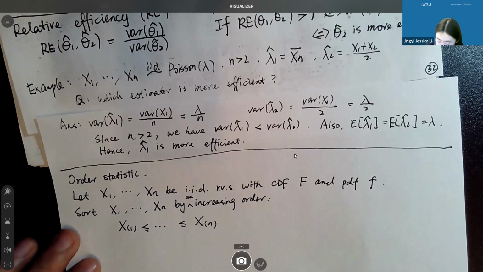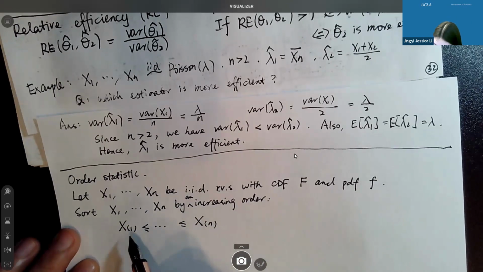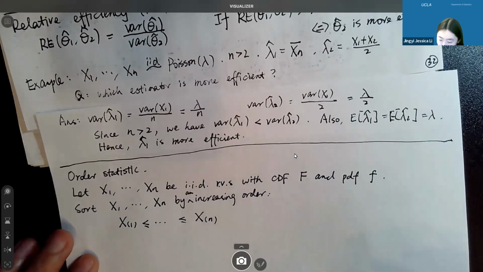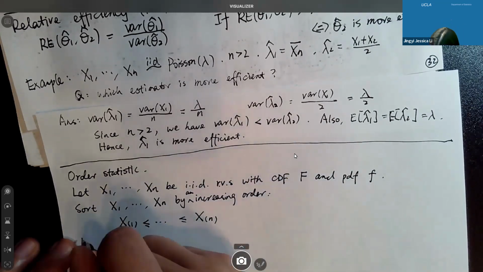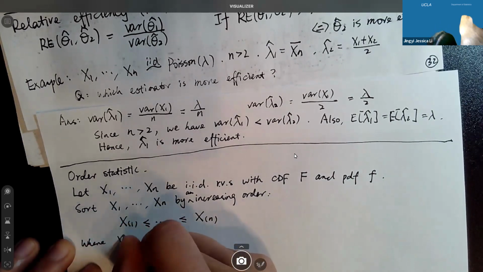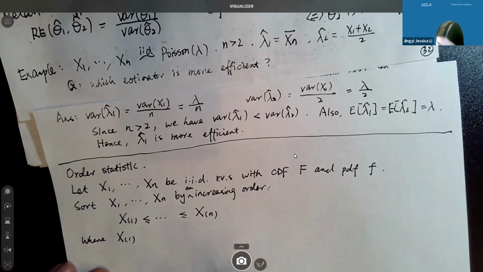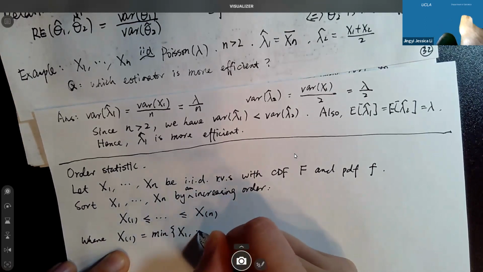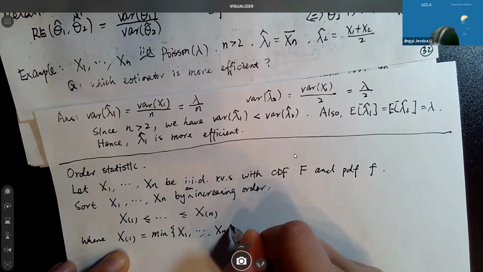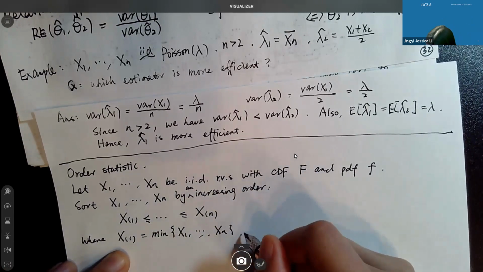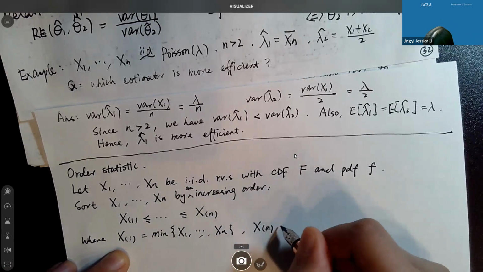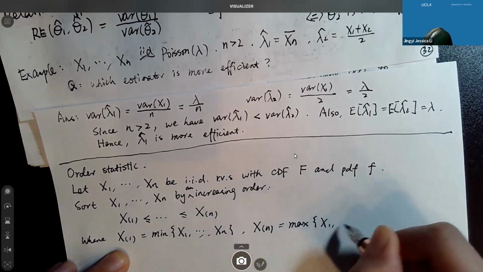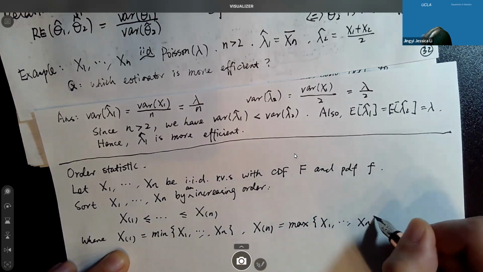So with the order, then this is denoted by a parenthesis. Okay, so the parenthesis means it's ordered. And so basically x parenthesis 1 is defined as the minimum of x1 to xn, while x parenthesis n is defined as the maximum of x1 to xn.